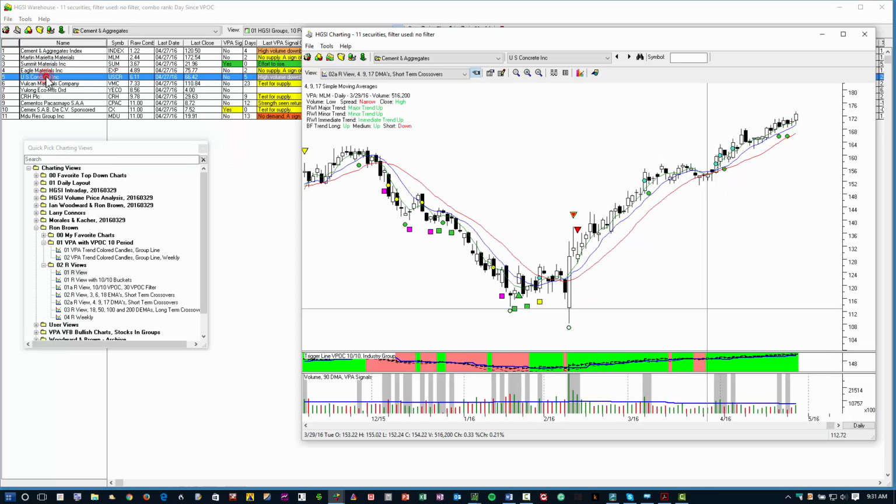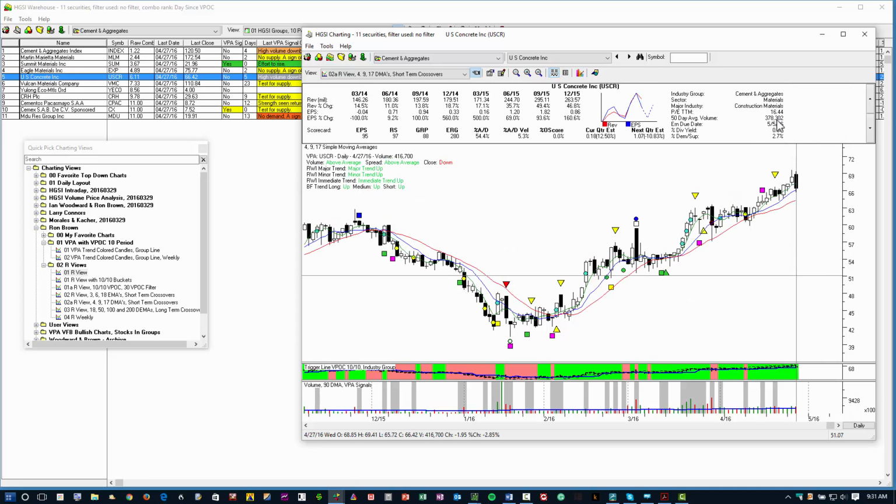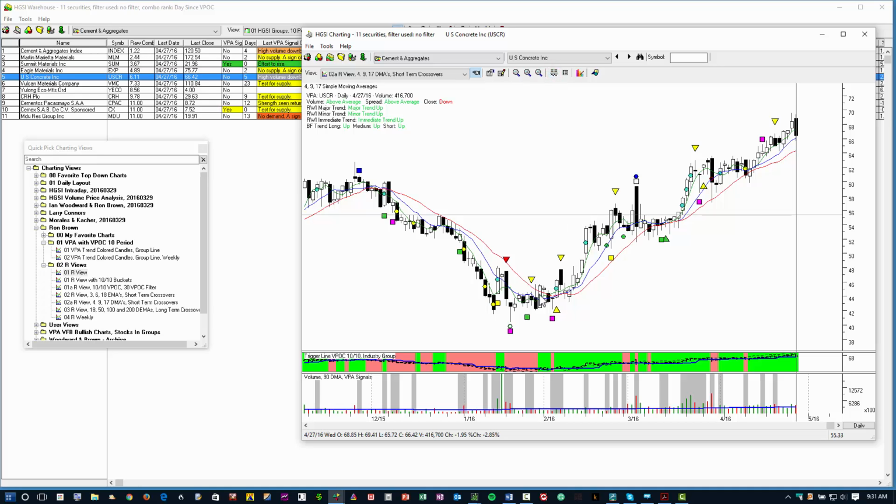Now U.S. Concrete is one of the stocks. This is a little loose, and I believe it doesn't trade much volume compared to some of the others, 378,000. So it's a lot choppier. But this is one that has appeared multiple times in the top 50 group inclusion report, along with other stocks in this group.